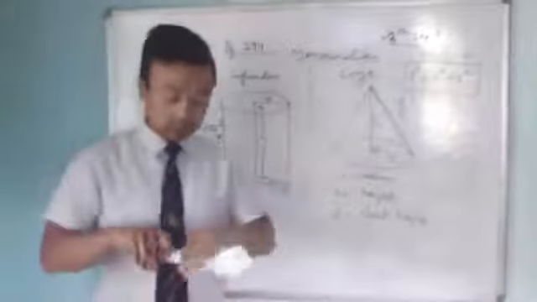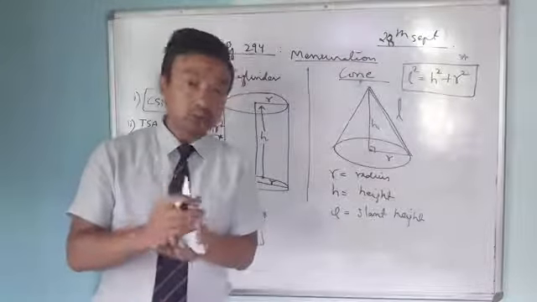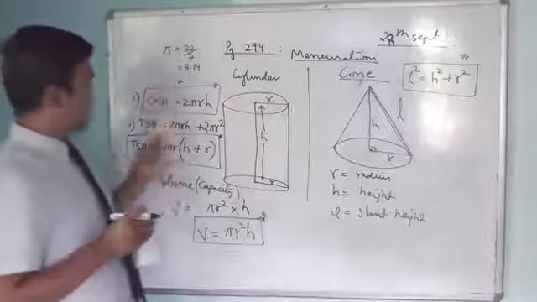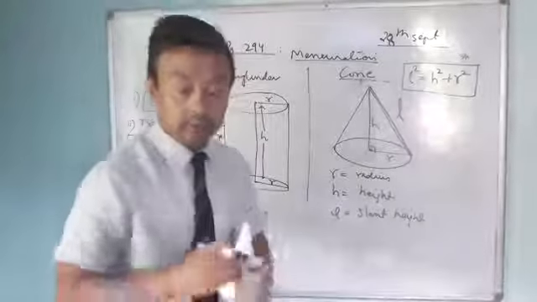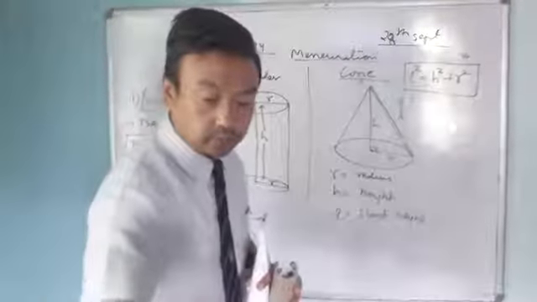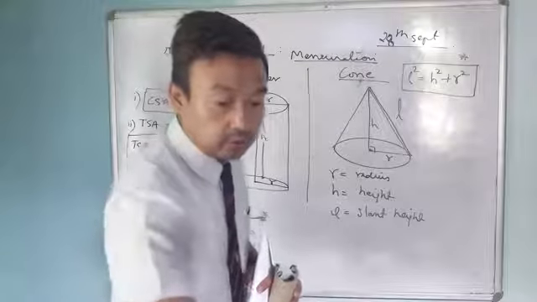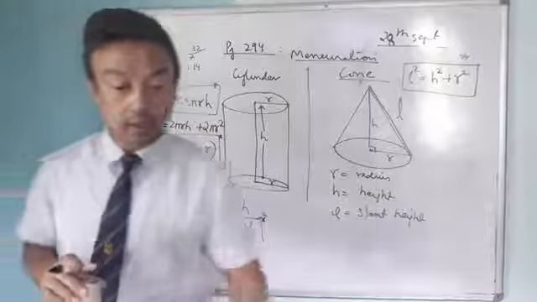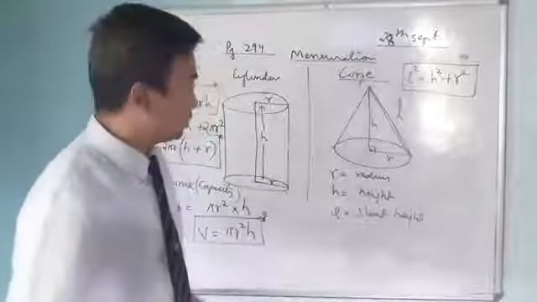So the cone looks something like this. In the cone also we have three formulas: curved surface area, total surface area and the volume. So it is basically the same. Let us take the curved surface area of a cone first.